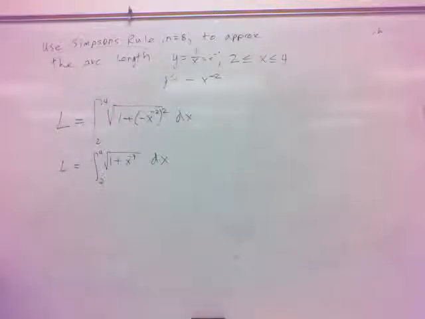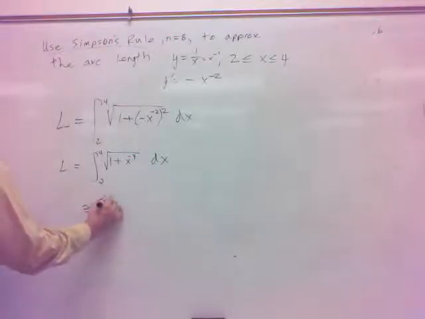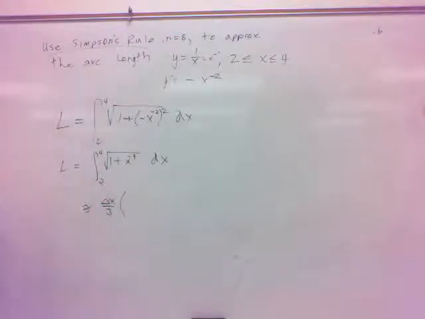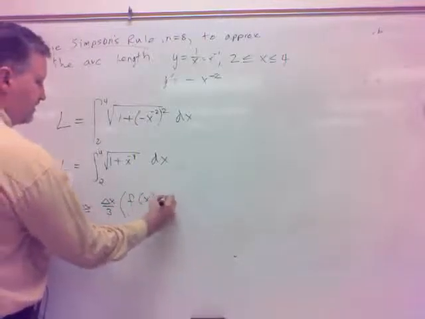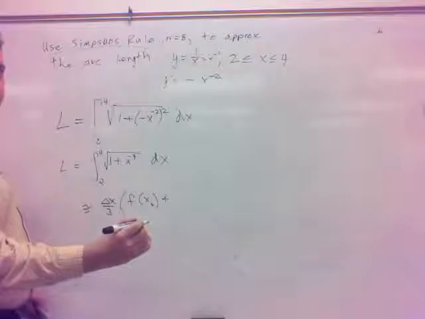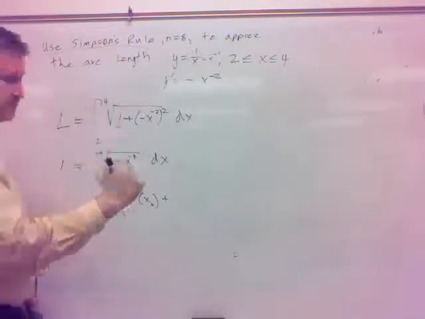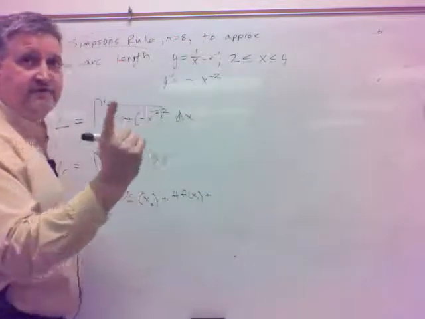How do I do Simpson's rule? Well, that's also known as Simpson's 1/3 rule. This integral is approximately delta x divided by 3 times f of x sub 0 plus, what was the coefficient for Simpson's after the first one? 4 f of x sub 1, plus what was the next one? 2.